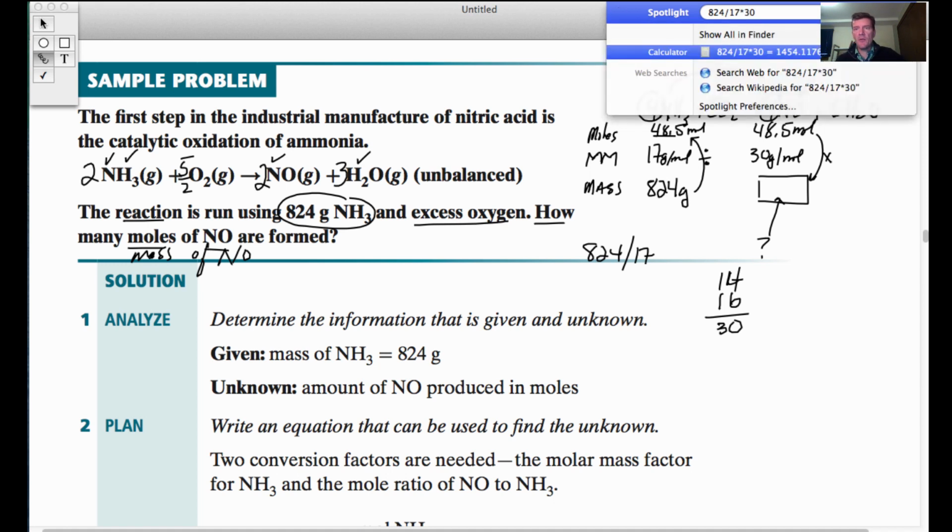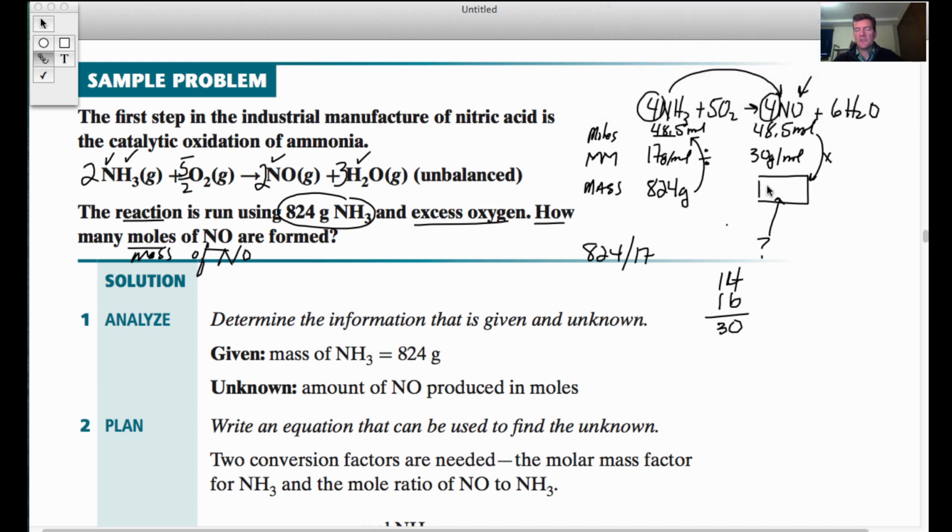That's going to give me about 1,454, approximately 0.1. We'll just round it off here. So 1,454.1 grams. And that's how much of the NO is produced from 824 grams of the ammonia.